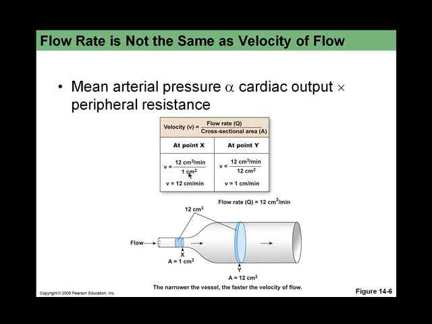So these two disappear, and that becomes just centimeter to the first. So you get 12 centimeters per minute. And then at point Y, you have 12 cubic centimeters per minute over 12 centimeters squared, and you end up with 1 centimeter per minute for the velocity.